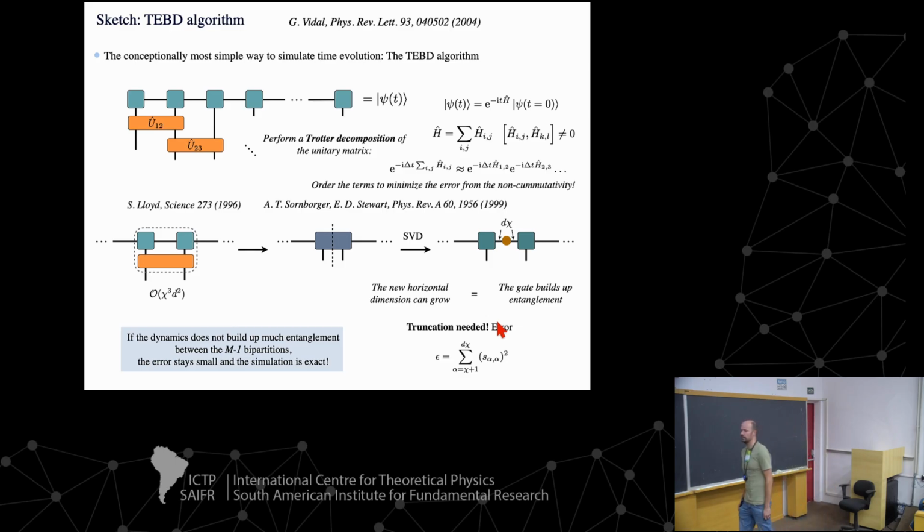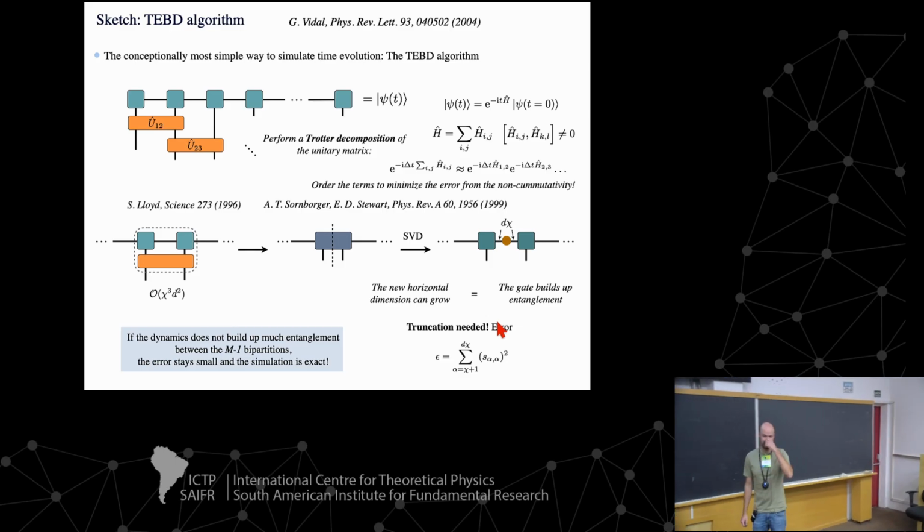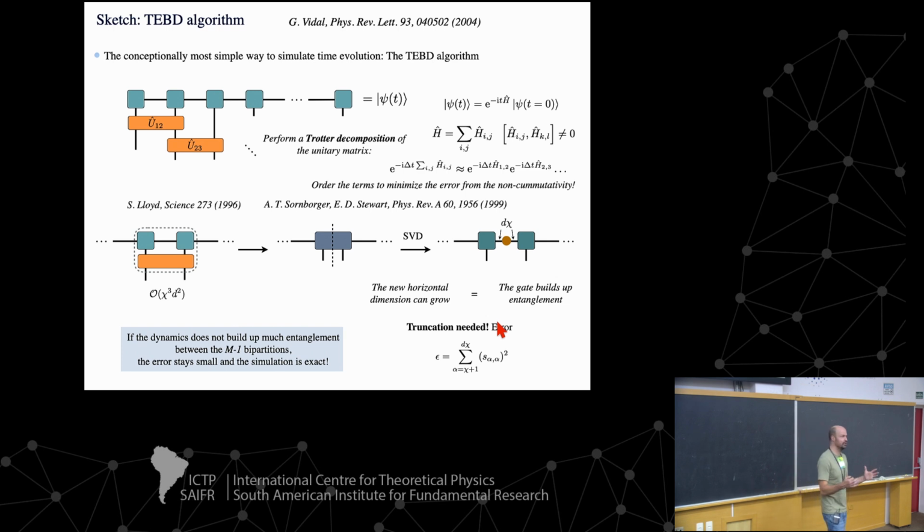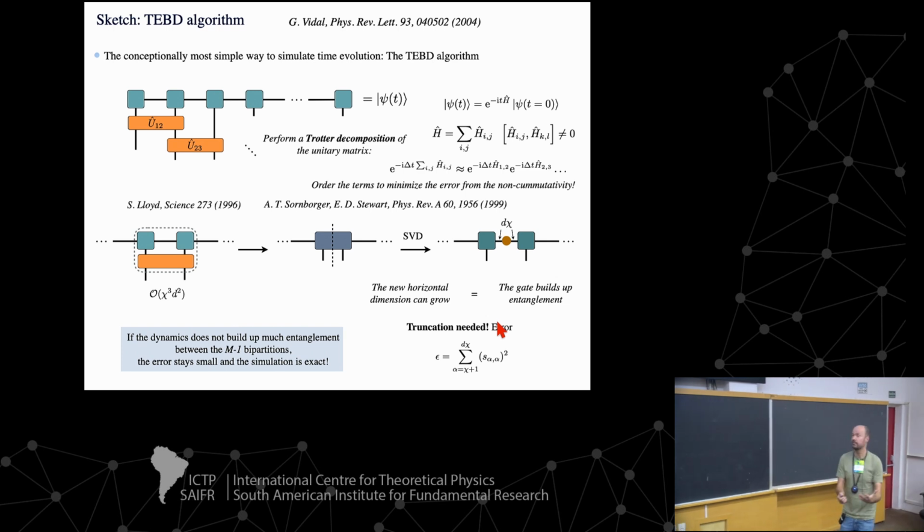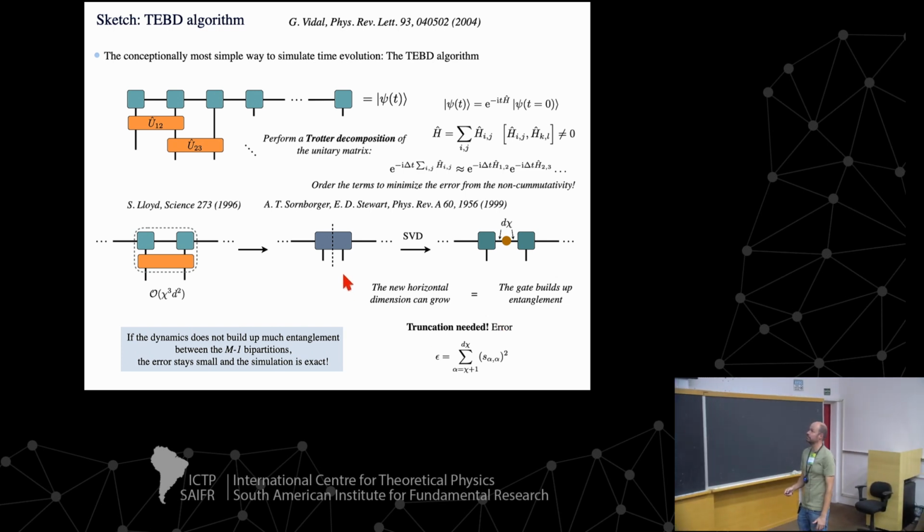And that's it. Now, this is also very nice because if you apply this two-site gate, then you see that for this part of the splitting, I have the left block and the right block. If I do the SVD, then the new dimension that I introduce here, let's say I have a dimension chi and a dimension chi here and a dimension d here, then the dimension that comes out new in between is actually d times chi.